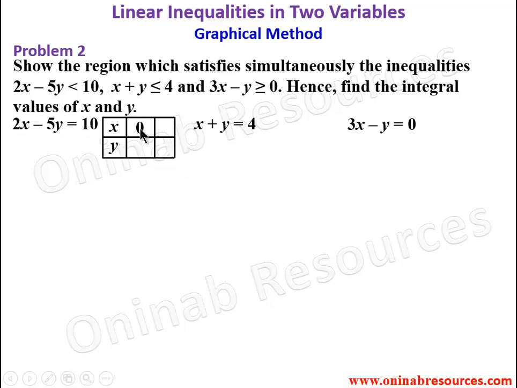So when x is equal to 0, y is going to be negative 2, since negative 5y is equal to 10, and dividing both sides by negative 5, we have negative 2. And then when y is equal to 0, this is gone. We'll be left with 2x is equal to 10. Dividing both sides by 2, x is equal to 5. So that is the table of values for the first equation.